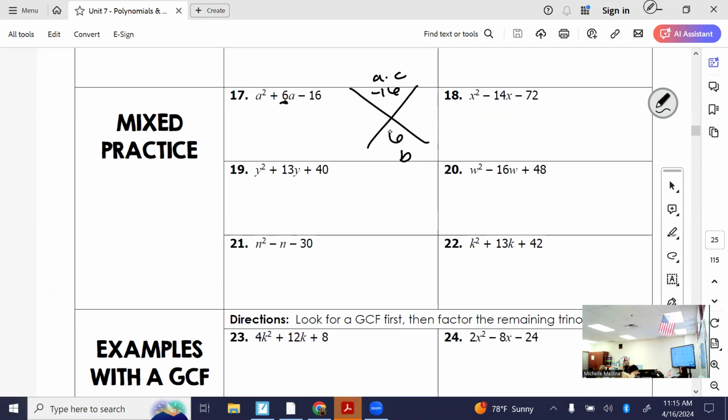So think about it, don't say it. 2 numbers that multiply to negative 16 and at the same time add 6. Okay, John, what are 2 numbers that multiply to negative 16 and at the same time add to 6?